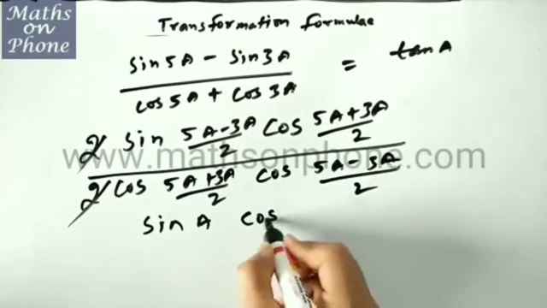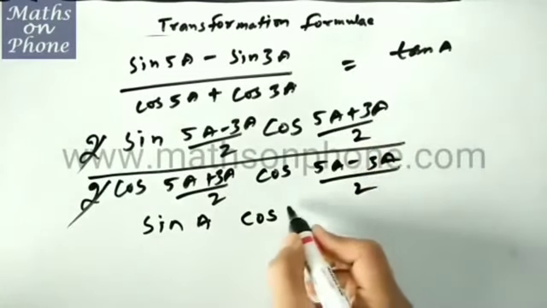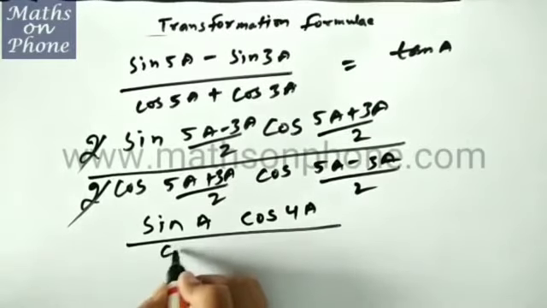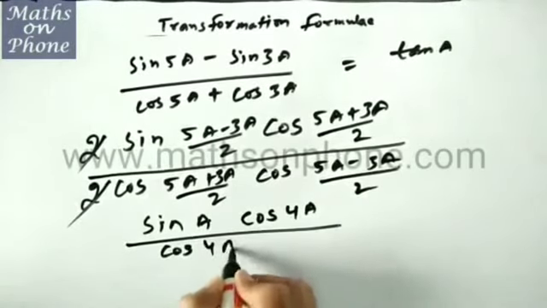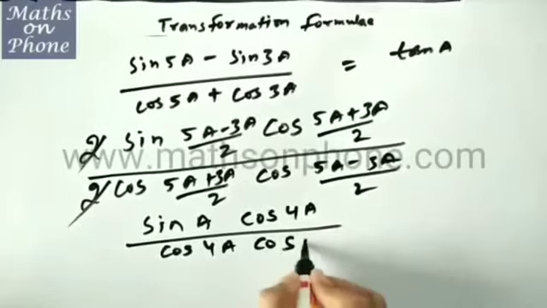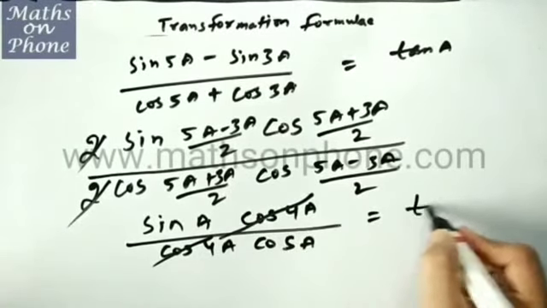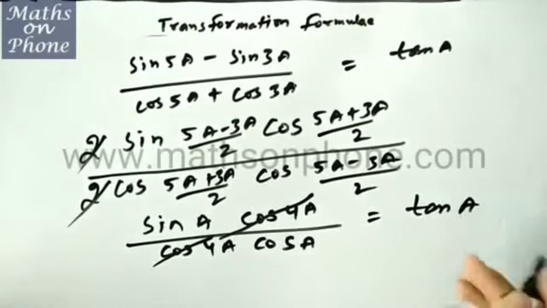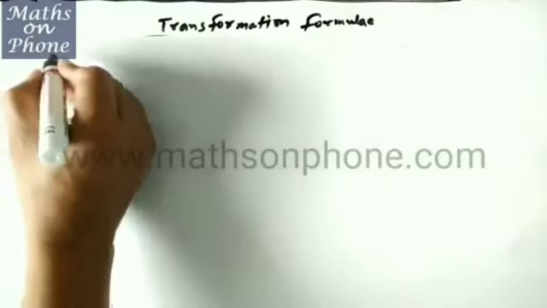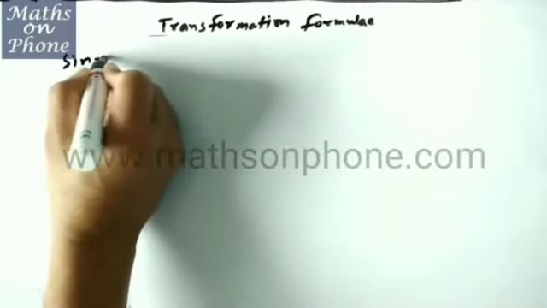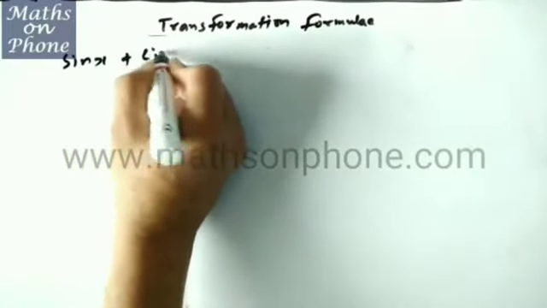And here it is cos of (5a plus 3a), 8a by 2, 4a, and the denominator is coming out to be cos 4a into cos a. You see, cos 4a cancelled out, sin a by cos a is tan a. Very simple way.